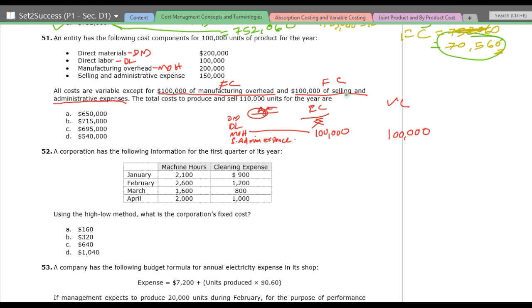If 100,000 of the selling and administrative expense of 150,000 is fixed, then 50,000 is variable cost.